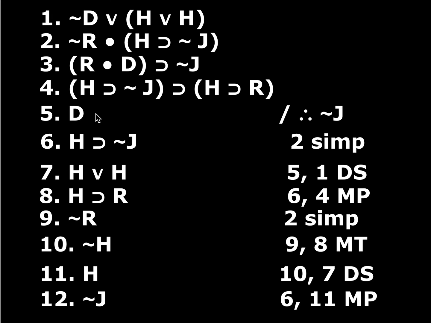Our premises couldn't all be true. In fact, if you do a truth table for these premises, you'll see that they're inconsistent. Okay, but that's fine, because remember, if your premises are inconsistent, then anything follows. They will validly imply any conclusion.